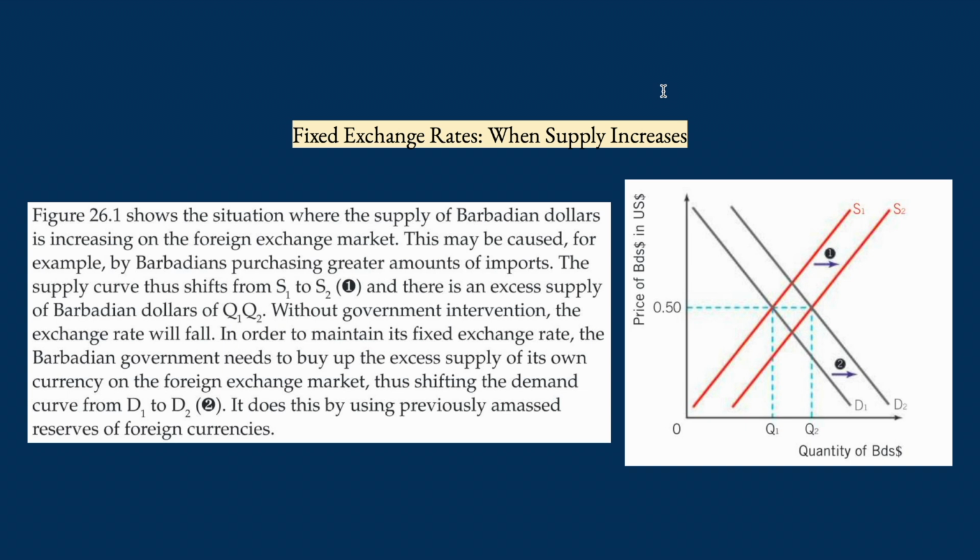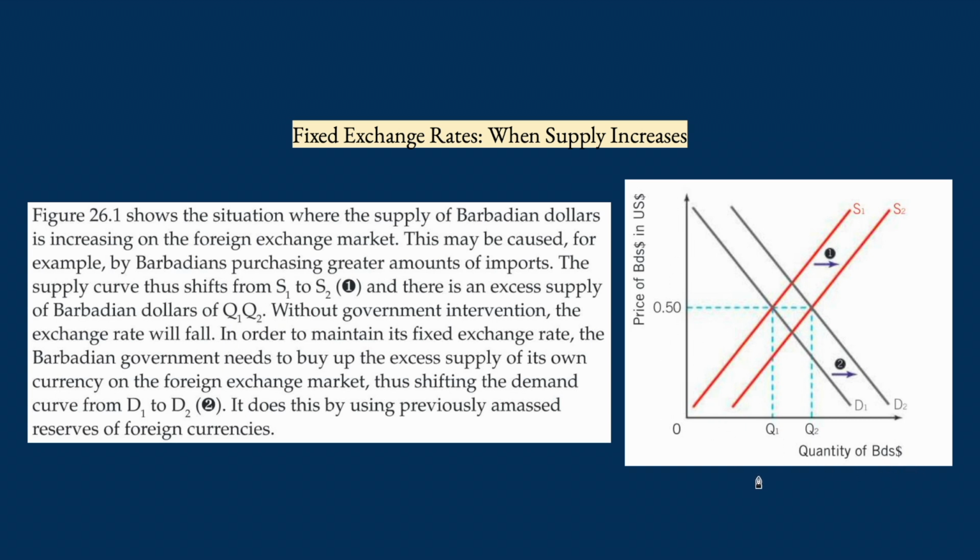So now we're going to be looking at how in the intangible Forex market, fixed exchange rates are affected when the supply of said currency increases, using the same example from before. So really quickly looking at this graph, we can see that because the supply curves are labeled just S and the demand curves are labeled just D, this is a micro market diagram with quantity on the x-axis and price on the y-axis.